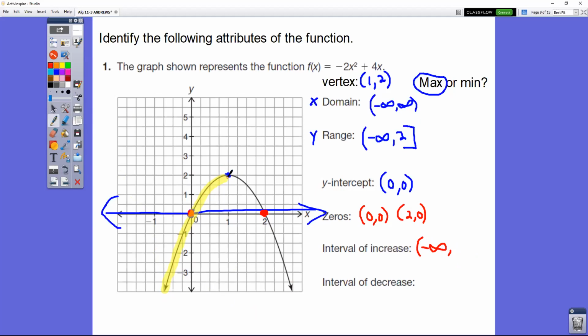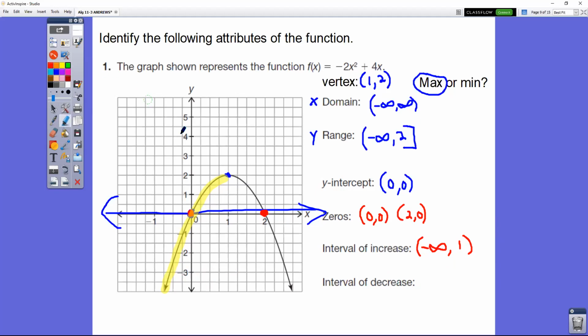All the way up to 1. Now be careful. It's 1, not 2, because we're looking at our x-axis, going from left to right. It's increasing, going from left to right. Remember, increase and decrease always have roundy parentheses.